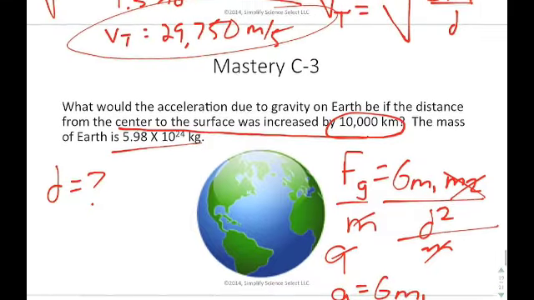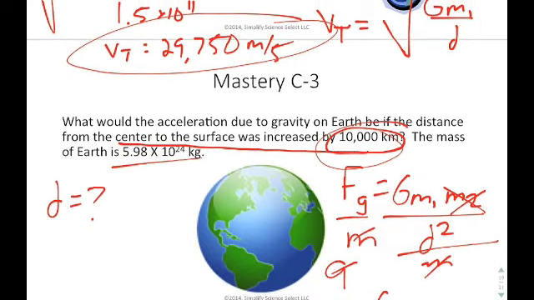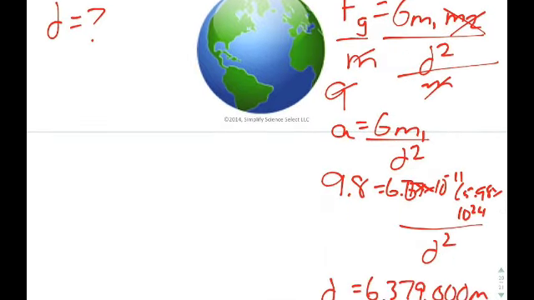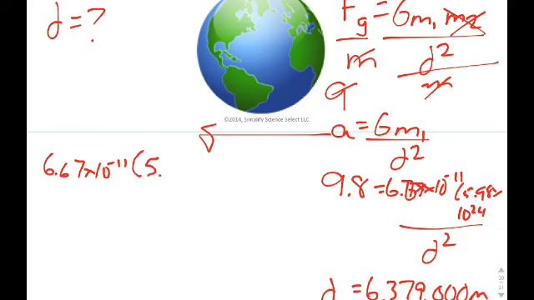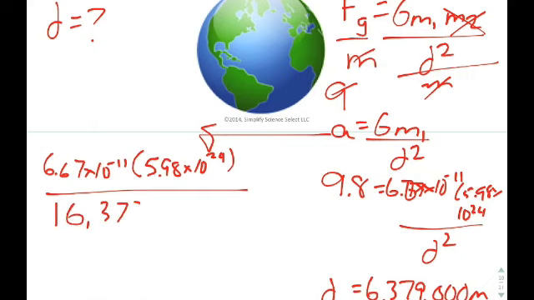But now, we're increasing the distance by 10,000 kilometers. So what that means is I'm going to do this exact same calculation here. 6.67 times 10 to the minus 11th, 5.98 times 10 to the 24th. But instead of dividing by this squared, we have to add the additional 10 million meters. So you get this squared, and we can calculate the acceleration.